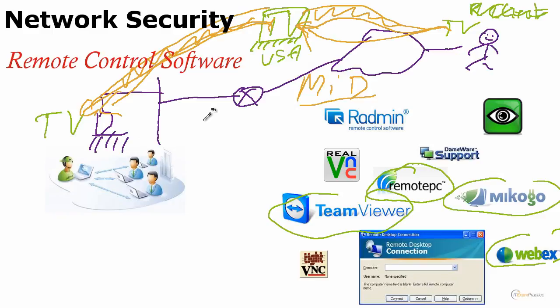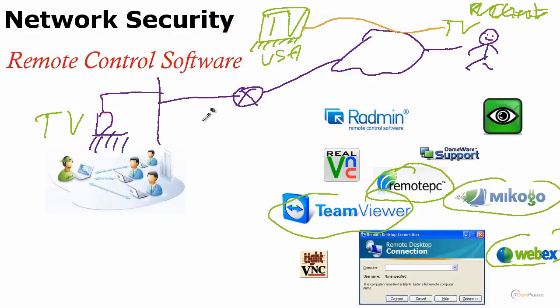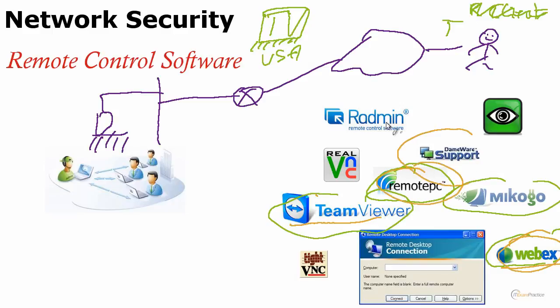That's why a lot of companies are not happy to use that. Of course, TeamViewer, WebEx, that's from Cisco, by the way, Remote PC and all these applications, the vendors will say, well, we'll never touch your traffic, we'll never do anything, and it's encrypted anyway. Still, you're going through a server that you're not in control of, right? And a lot of companies will not allow you to do that, unfortunately.